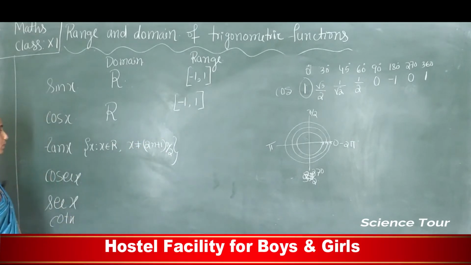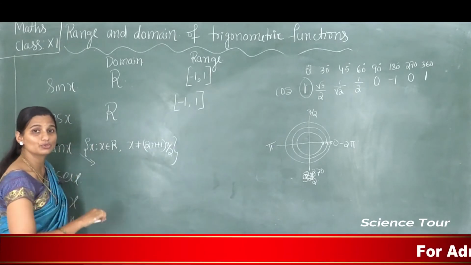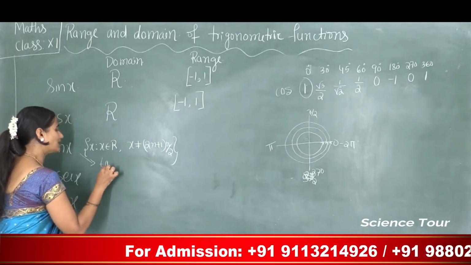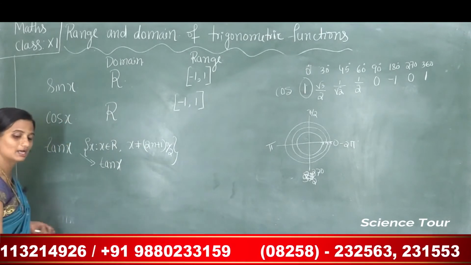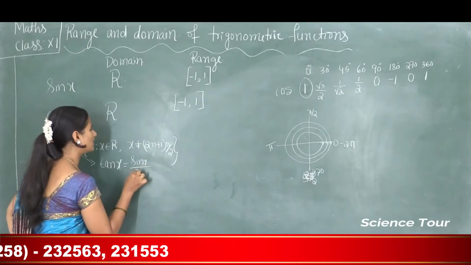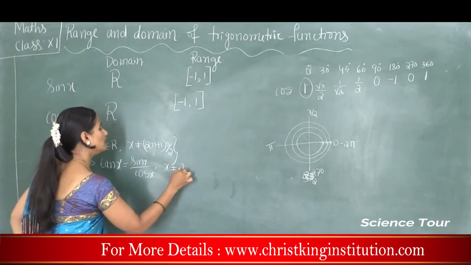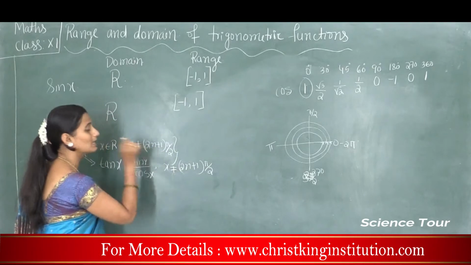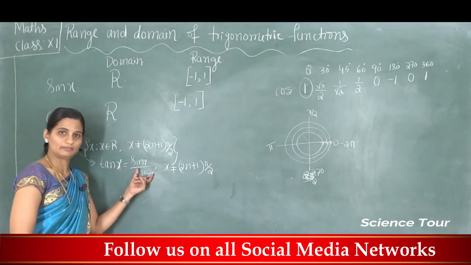Why is it not? Already in the beginning I told you where the trigonometric functions are defined and where they are not defined. So tan x can be written as sin x divided by cos x, where x should not be equal to (2n+1)π/2. In the formula list also I gave this point.